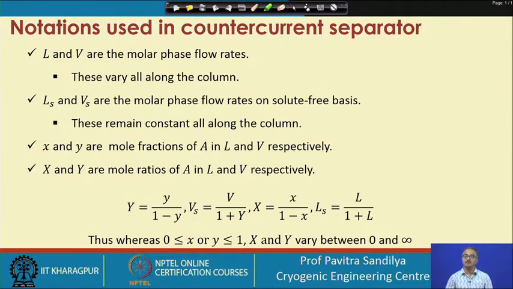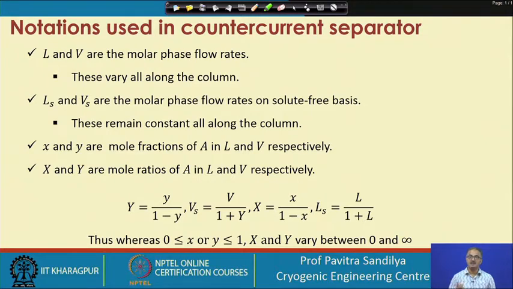On the other hand, the mole ratio is the ratio of the moles. That means, mole ratio is always with respect to at least two components. So, if I say that mole ratio of component 1 with respect to component 2, it is equal to the moles of component 1 divided by the moles of component 2. So, this is the mole ratio.